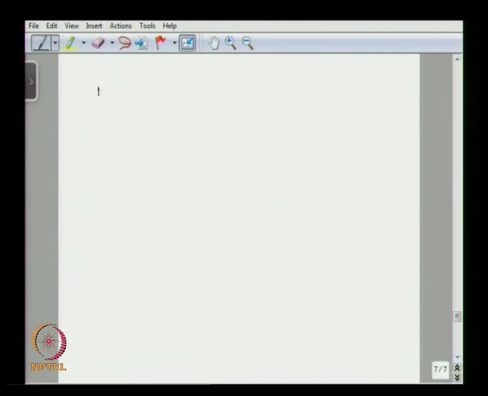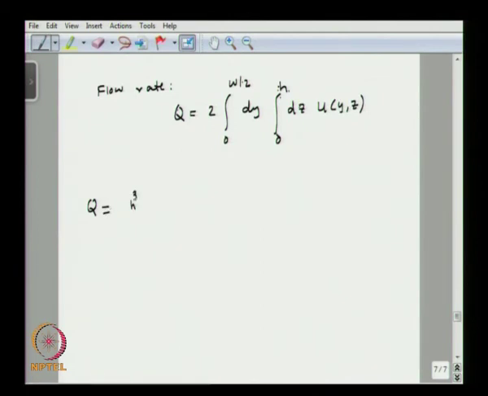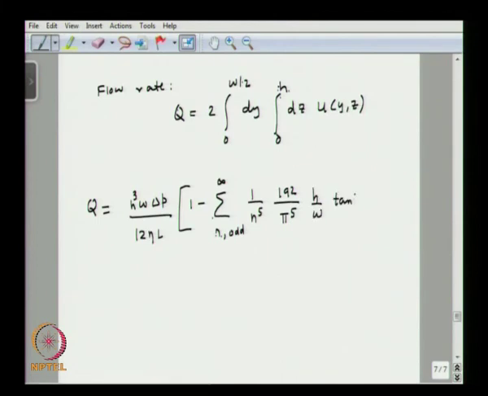So, now we can derive an expression for the flow rate. You can write flow rate Q will be equal to 2 into integral 0 to w by 2 dy, integral 0 to h dz into u y z, which will be written as this, Q equal to h cube w delta p over 12 eta L into 1 minus summation n is odd to infinity 1 over n to the fifth, 192 divided by pi to the fifth into h over w into tan hyperbolic n pi w over 2h.